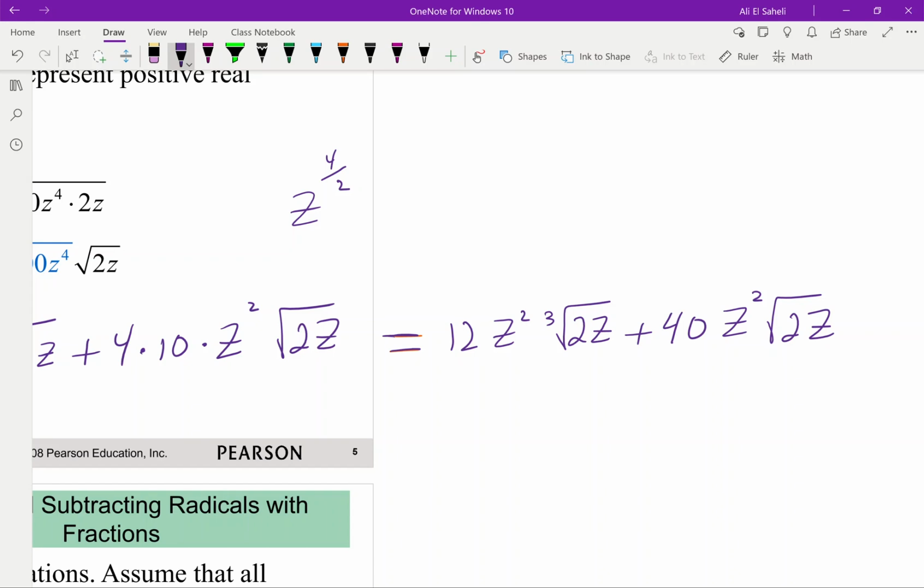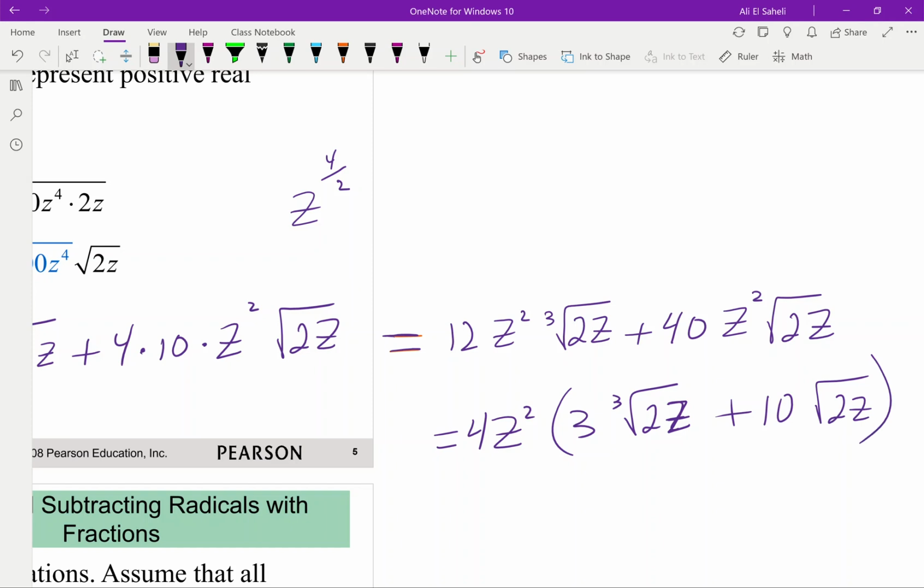You could take z squared common. Okay, so you could do this: z squared into... this divides 4 and this divides 4, so you can take 4. The 12 becomes 3 cubic root of 2z plus the 40 divided by the 4 becomes 10, and the z squared is already here, radical 2z.